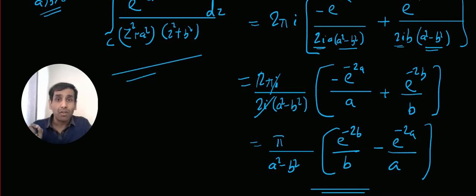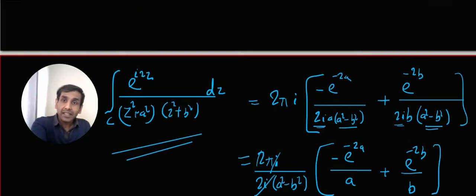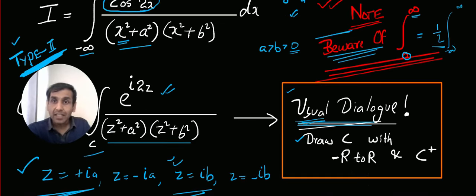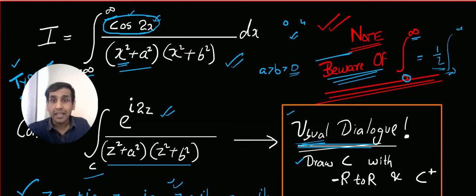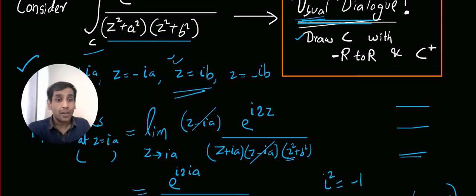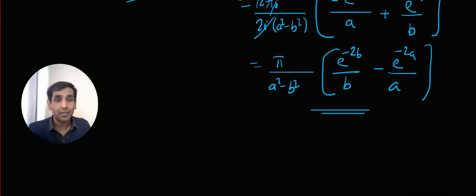Now once more, a warning. If you stop here in the exam, you will lose marks. Because come on, they asked something else. They asked me to evaluate a real integral, from minus infinity to infinity of this stuff, not the one that I found.